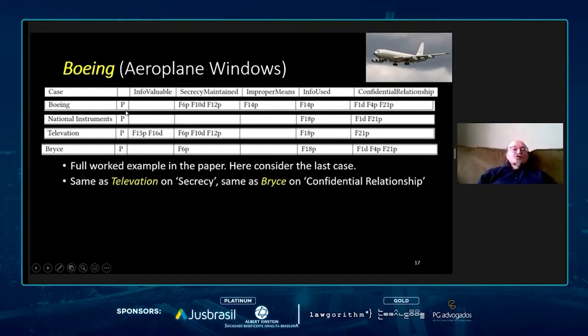And we can see that these cases are, in some respects, similar to Boeing. Boeing is identical to Television on the grounds of secrecy, and it's identical to Bryce with respect to the confidential relationship. None of the issues in Boeing are opposed.